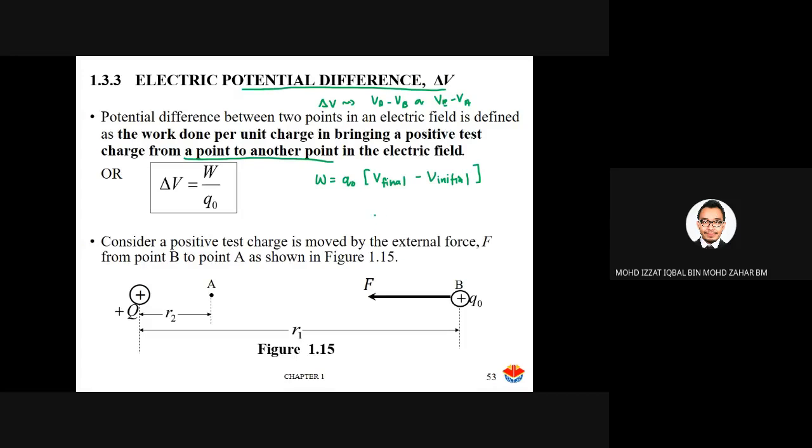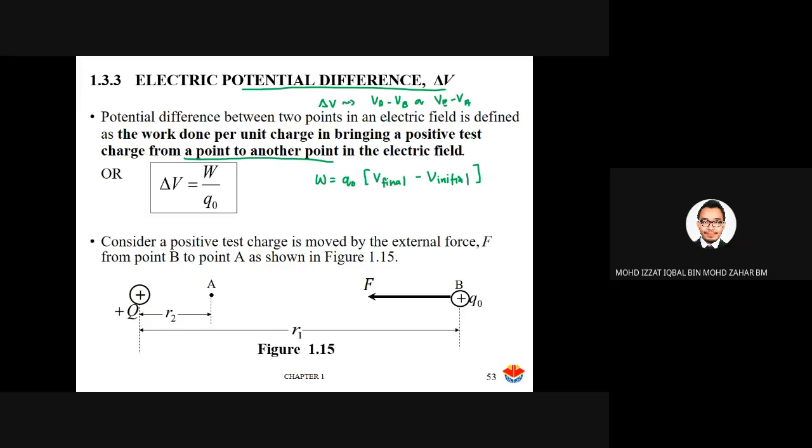Tapi kalau dalam soalan tu, they ask you about work, biasanya you have to consider final dengan initial. Biasanya, kalau nak senang, semua kita buat final minus initial.